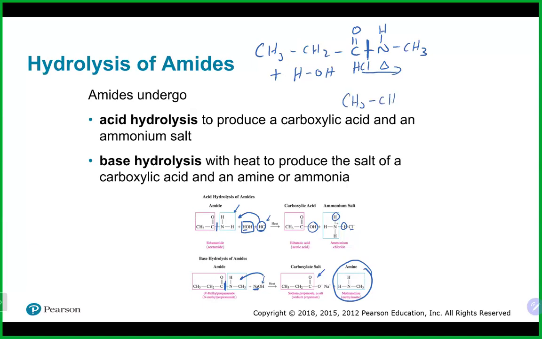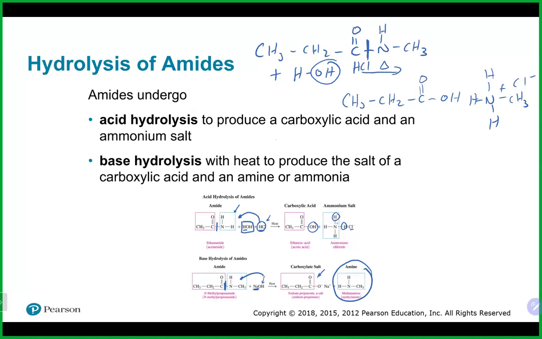So that, and this. And our other part here. Now, in this particular case, we will end up with our carboxylic acid coming back. So we'll end up with that here. And we will end up with an ammonium salt that's going to happen here. And we'll put on a couple of hydrogens there to our nitrogen, and it'll become positive. And we'll have our negative chloride hanging out from our acid.